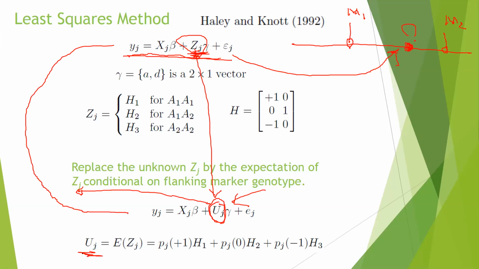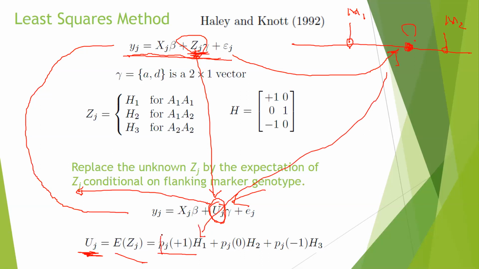So okay, how do we calculate the expected value for z? We can use the information from the first marker and the second marker to calculate the probability that this locus takes the first genotype.